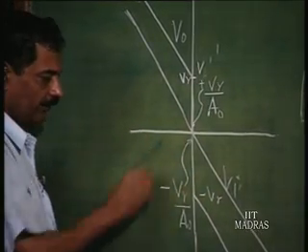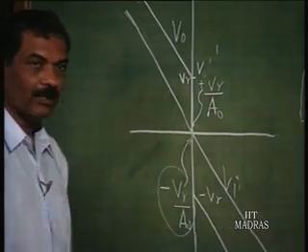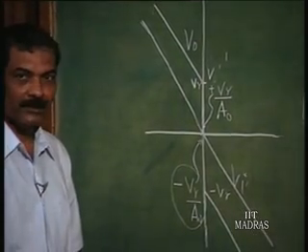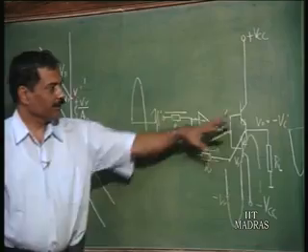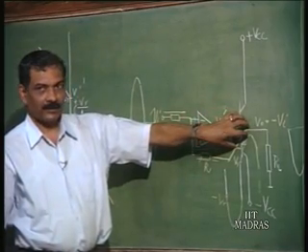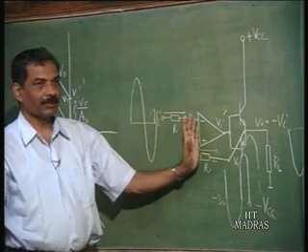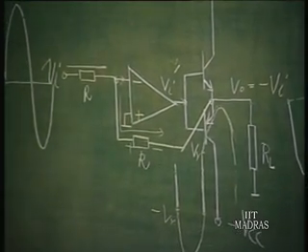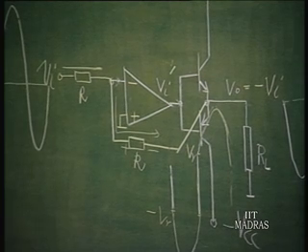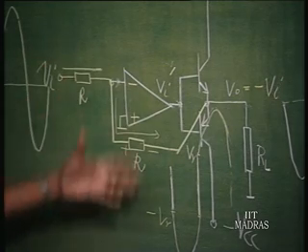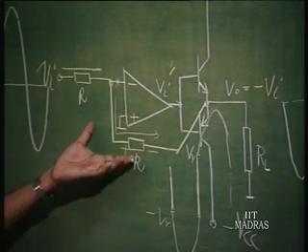So, this kind of reduction of the cut-in voltage by V gamma by A naught is possible for this combination of transistor with op amp. This kind of circuit can also be used for rectification, etc. Later on we will see how precision rectification can be achieved also by similar combination of op amp with diode.